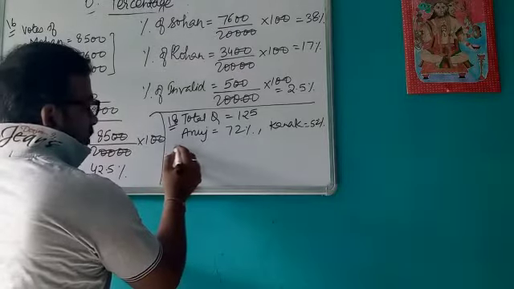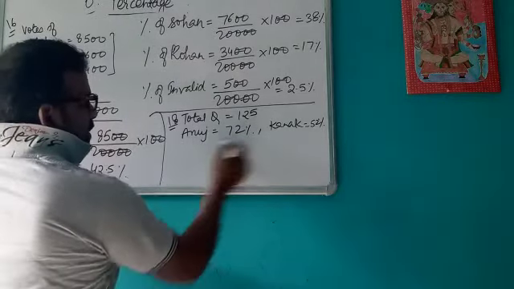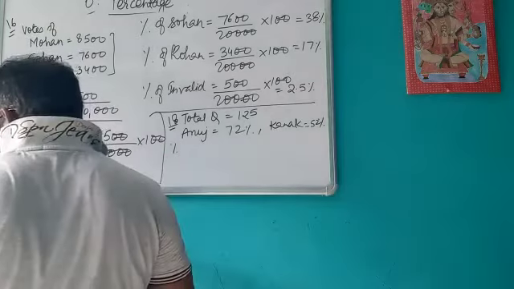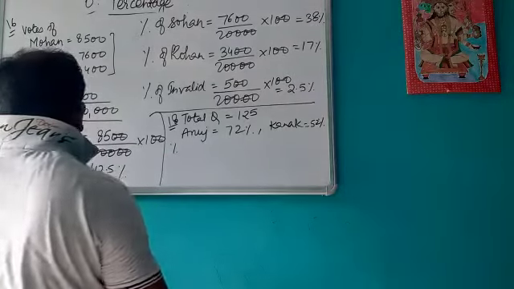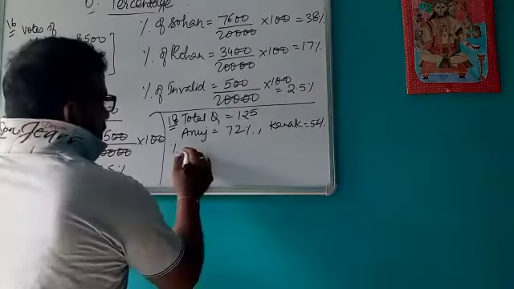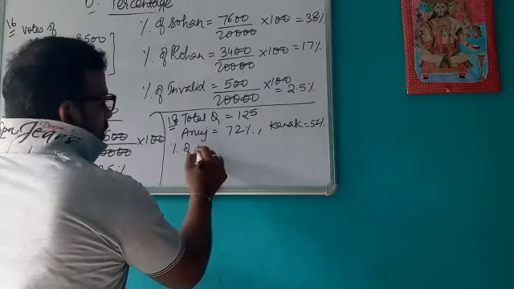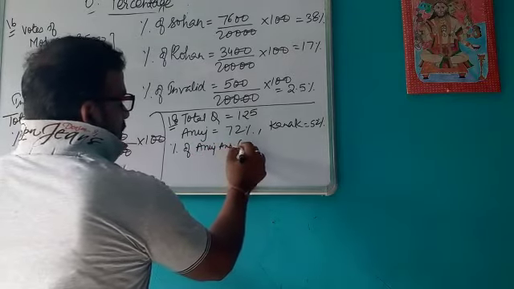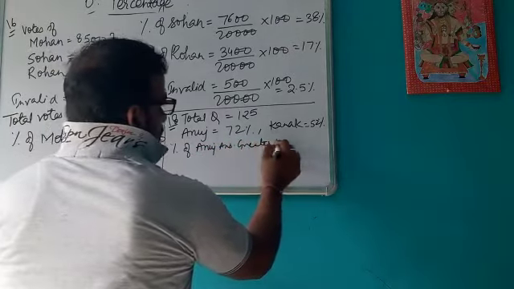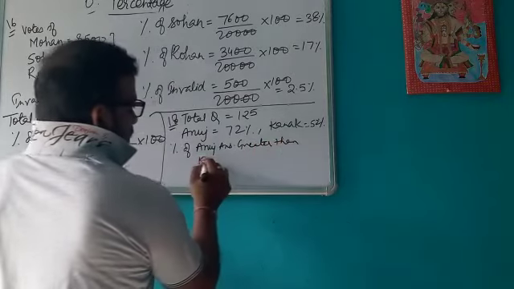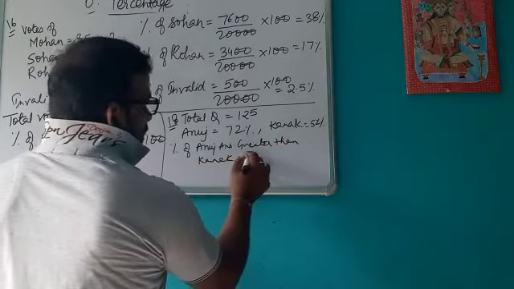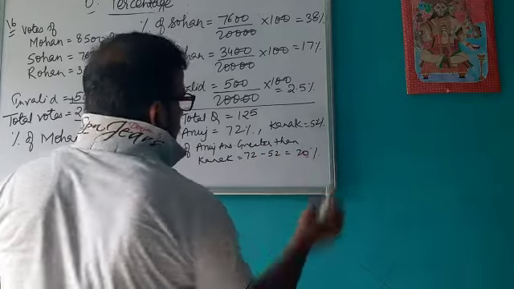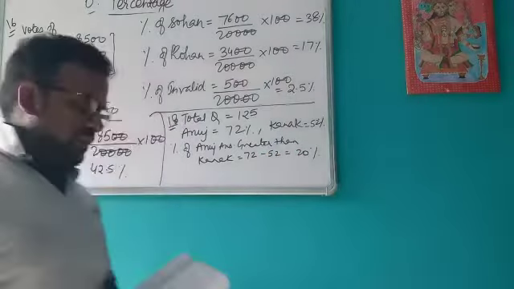So first we will calculate by what percent Anuj's answers are greater than Kanak's. So how much is it greater? 72 minus 52, that is 20% of answers Anuj has given right.